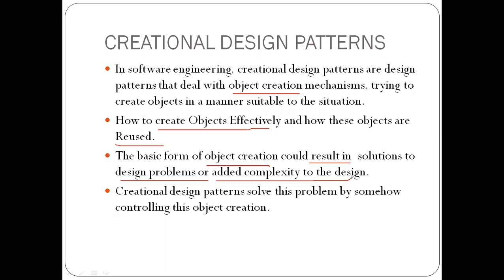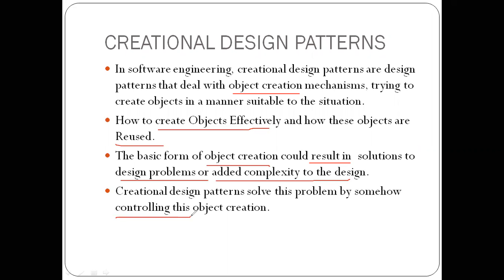This is one of the drawbacks of creating multiple objects. To overcome this, we need to control the object creation, that is, how to control the creation of multiple objects within a design or within a module.